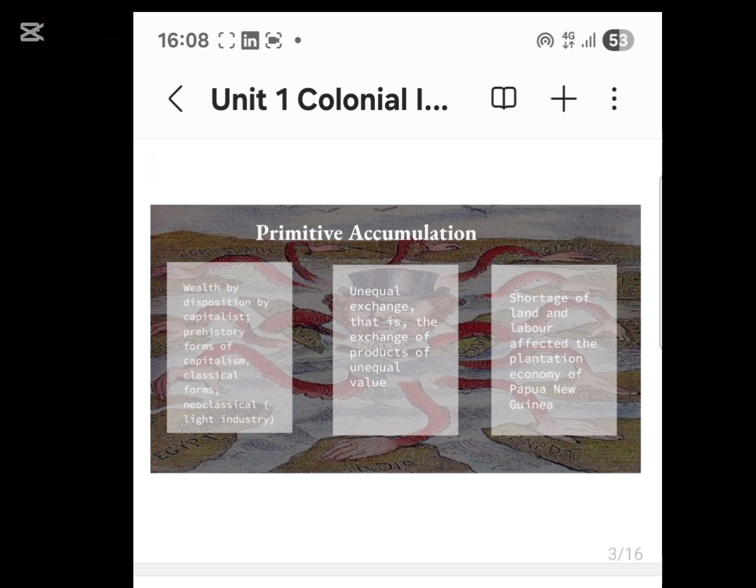And these forms exist today in various themes and various ideas. For example, now you have large multinational companies operating in Papua New Guinea today. Take, for instance, the mining sector, where the government and the state are at the mercy of those large multinational companies.